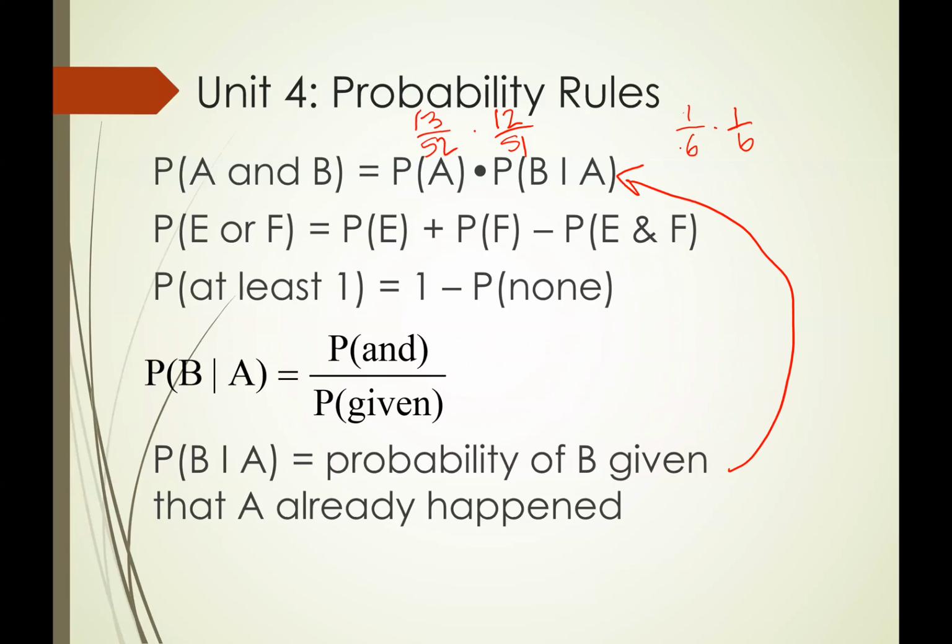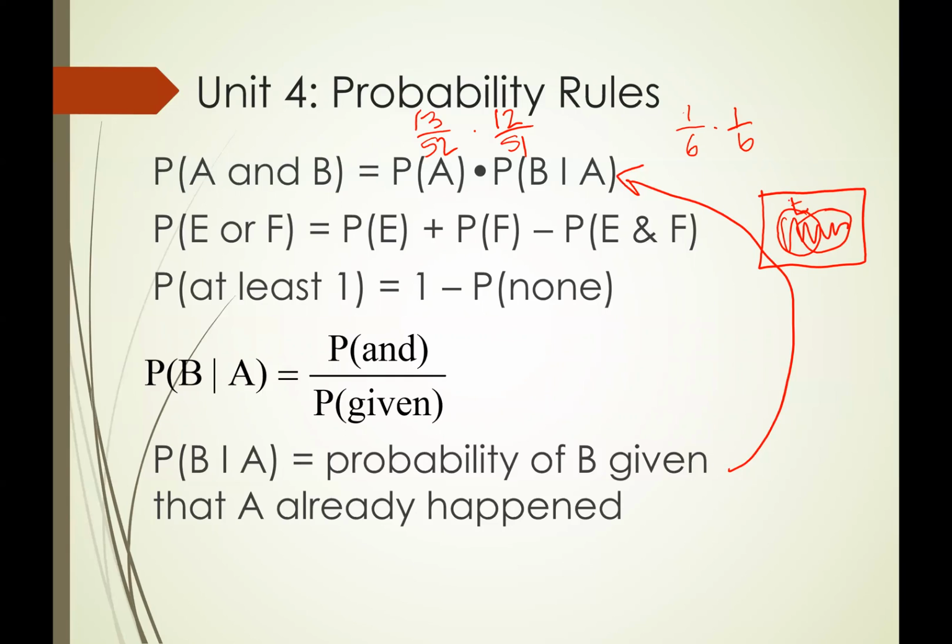The probability of E or F equals the probability of E plus the probability of F minus the probability of E and F. And if we look back at our Venn diagram, we can see why. So remember, E or F is both circles added together.